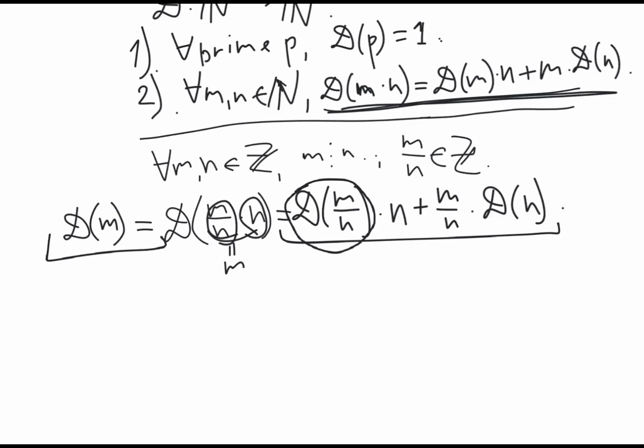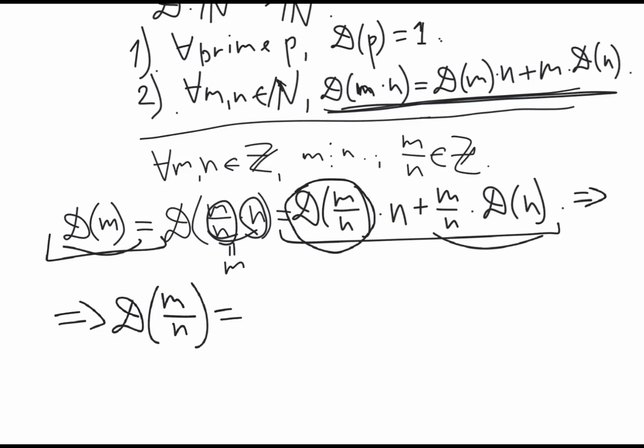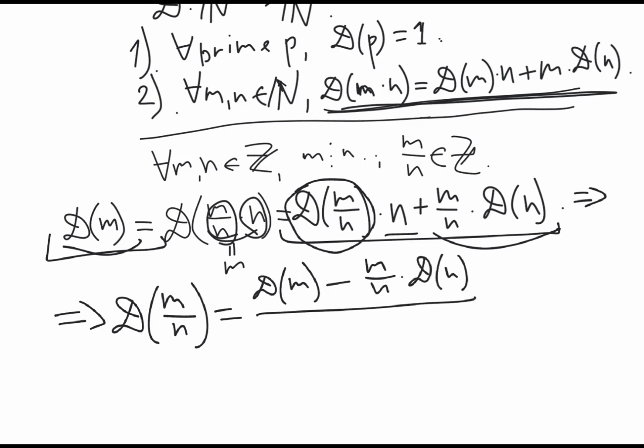So this implies that d of m over n is equal to this minus this, divided by n. So it's d of m minus m over n multiplied by d of n, divided by n. Now we can simplify this.